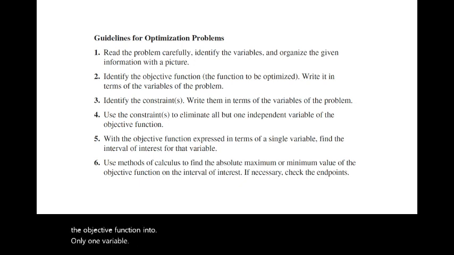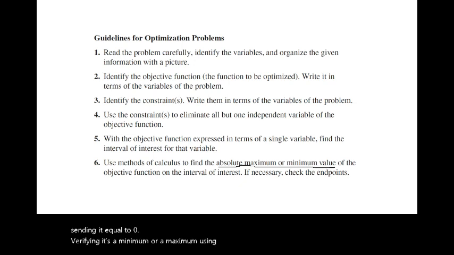Then, using methods of calculus, meaning find the first derivative, find the critical points by setting it equal to 0, and verify it's a minimum or a maximum using the first derivative test or second derivative test. You're going to do all of that to find the absolute maximum or minimum.